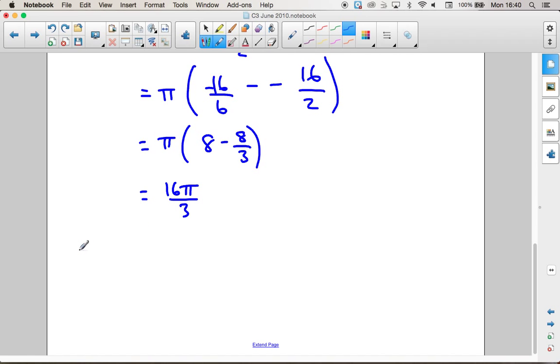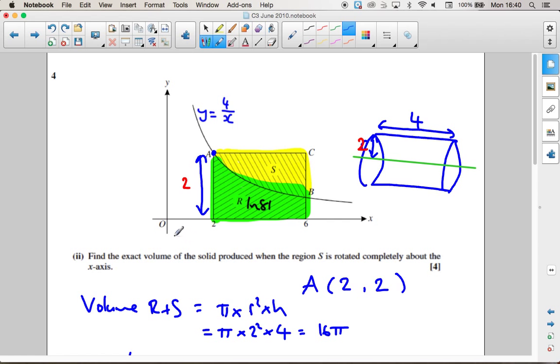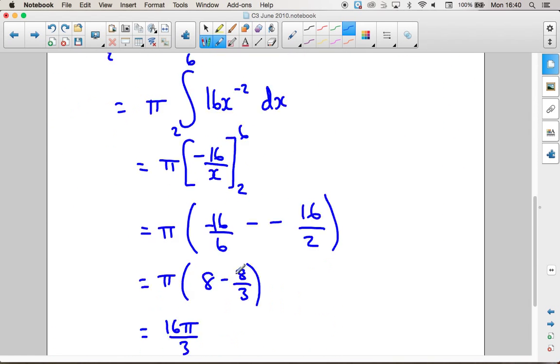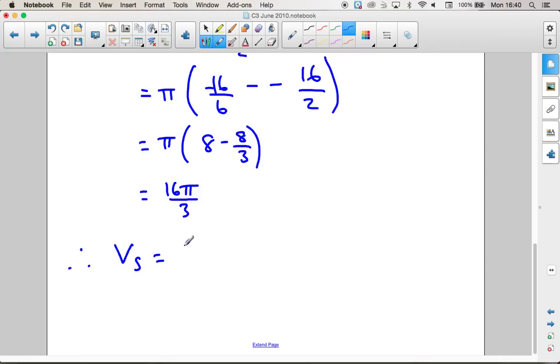Therefore, volume of S is going to be both of them together, this 16 pi, minus the green bit, minus R, is going to be 16 pi minus 16 pi over 3. Which is 32 pi over 3.